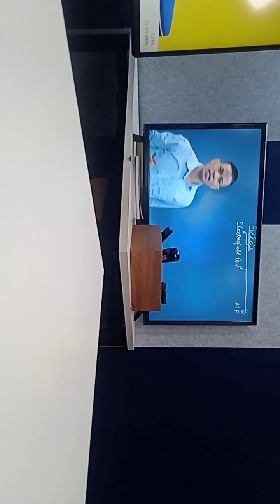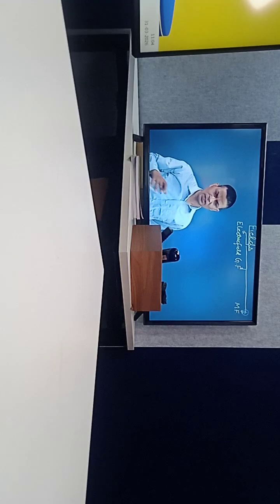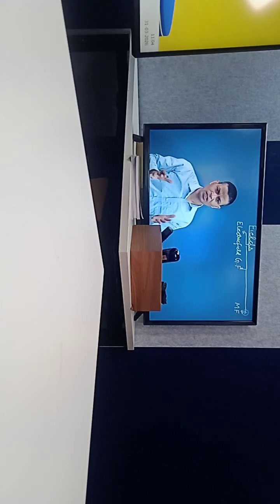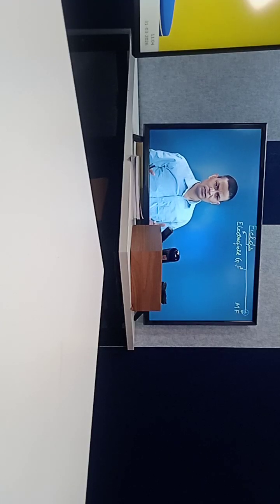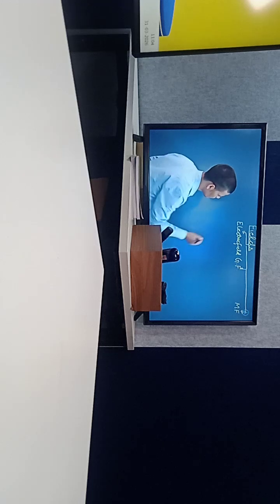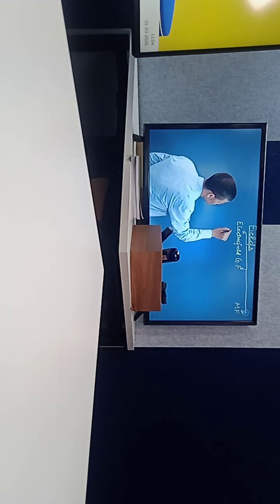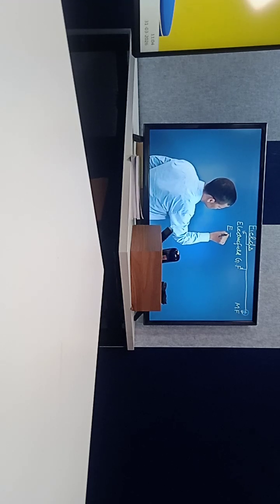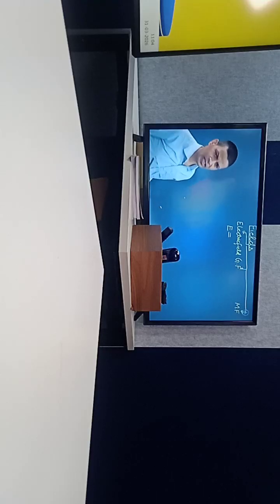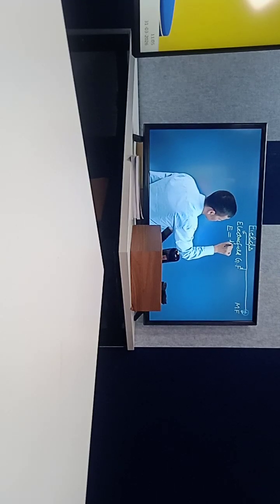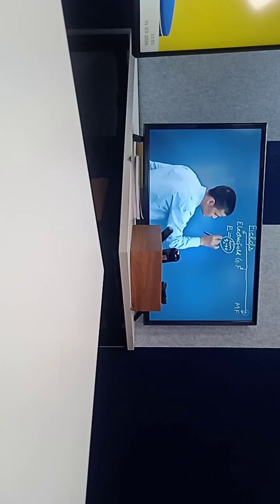Now what is electric field? So it is a region in which a point charge, a system of charges experiences electrostatic force. So electric field is defined as... that's important. What is this? I will explain it a little later.